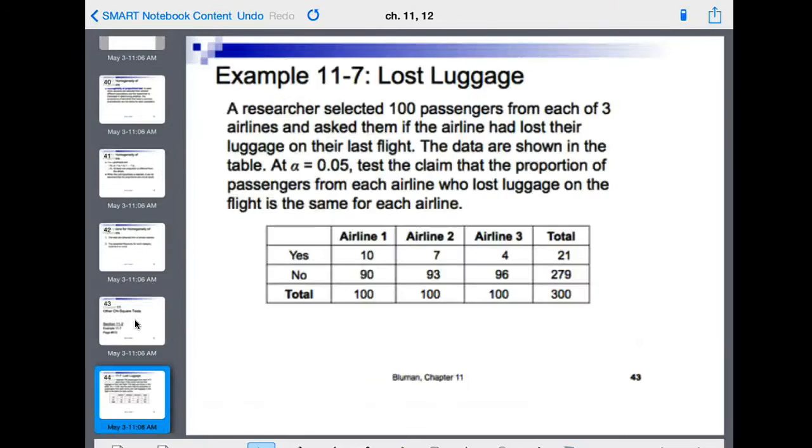So, not much difference in the values here. Researchers selected 100 passengers from each of three airlines and asked them if the airline had lost their luggage on the last flight. The data is shown in the table. At alpha 0.05, test the claim that the proportion of passengers from each airline who lost luggage on the flight is the same for each airline.